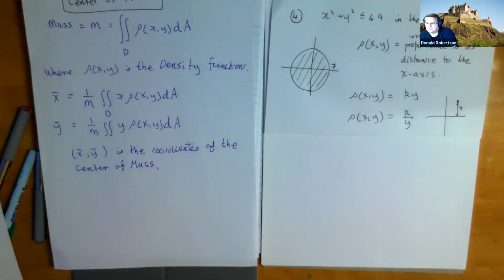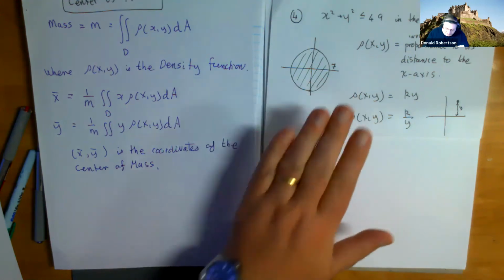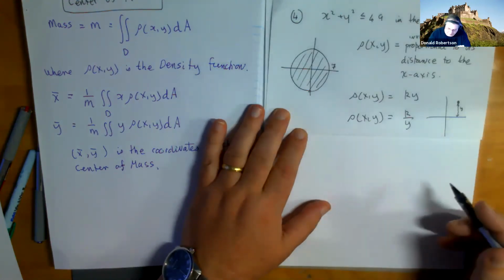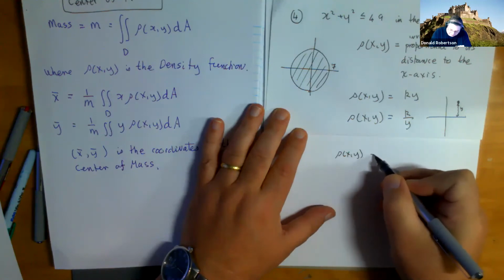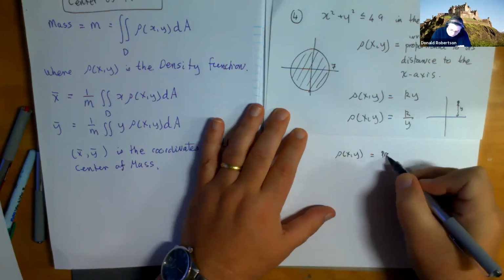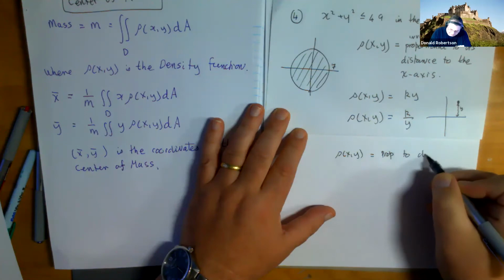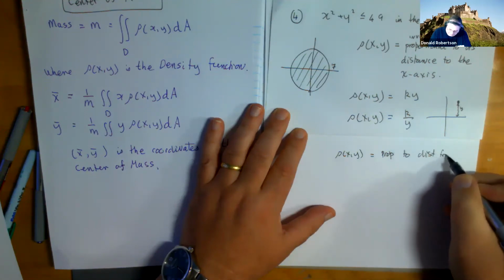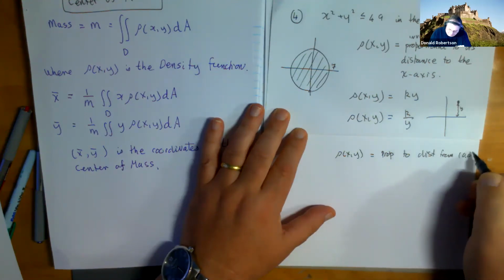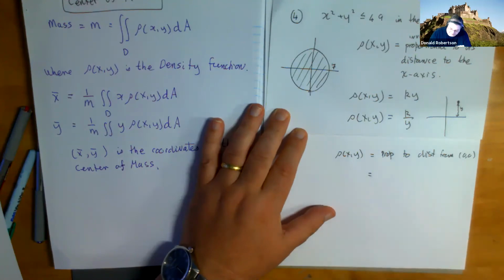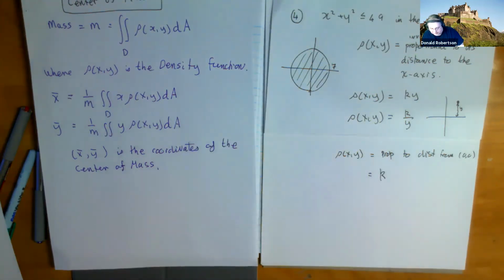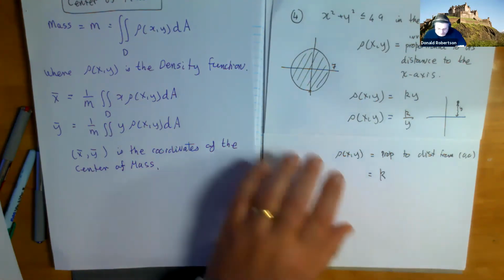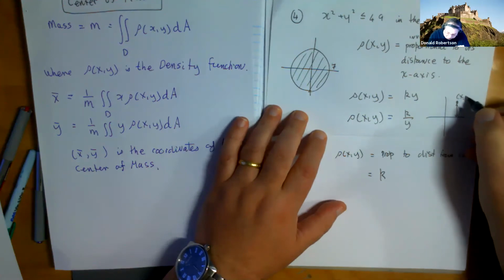Are we good? Right. While I'm on this, I'll come back to this question in a minute. Suppose I went and said to you that the density function was proportional to the distance from the origin. Now, proportional means the k, right? That's the k part. But in particular, what is the formula for the distance to the origin of a general point?